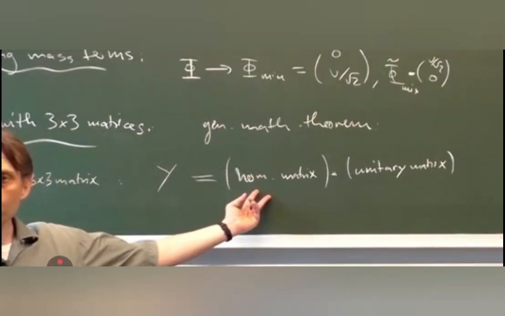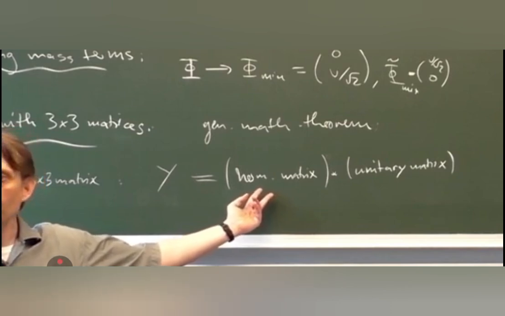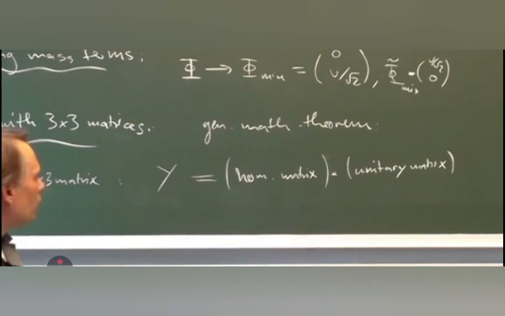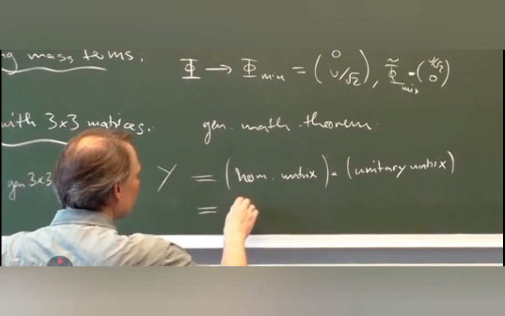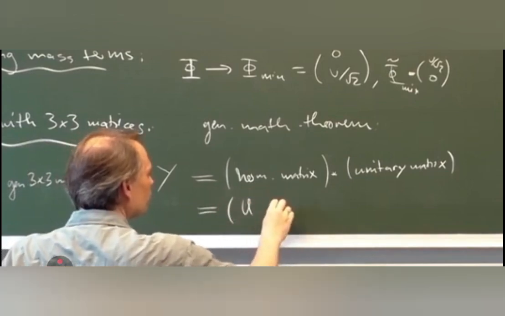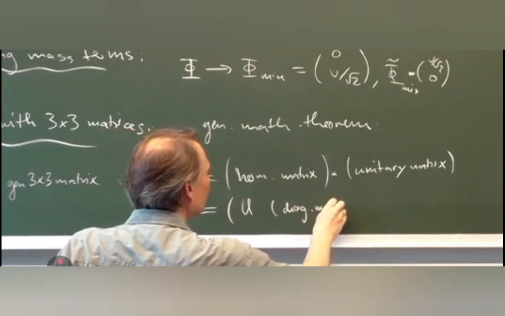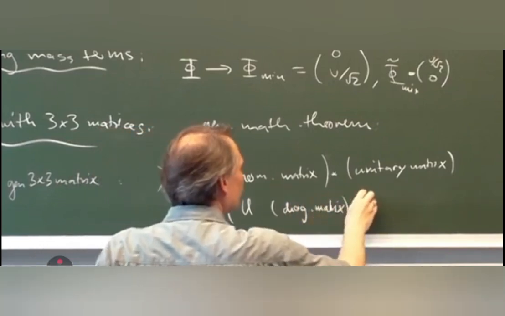Hermitian matrix, you know that it can be diagonalized, you know that from quantum mechanics experience, and so the Hermitian matrix can be written as, let's say, unitary matrix U times a diagonal matrix times U dagger.